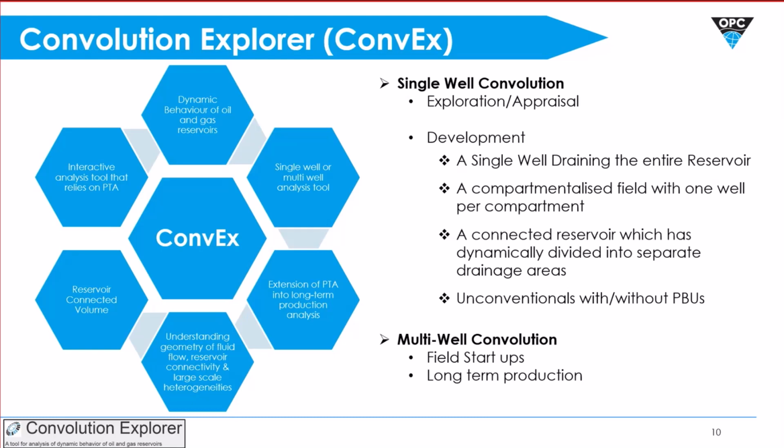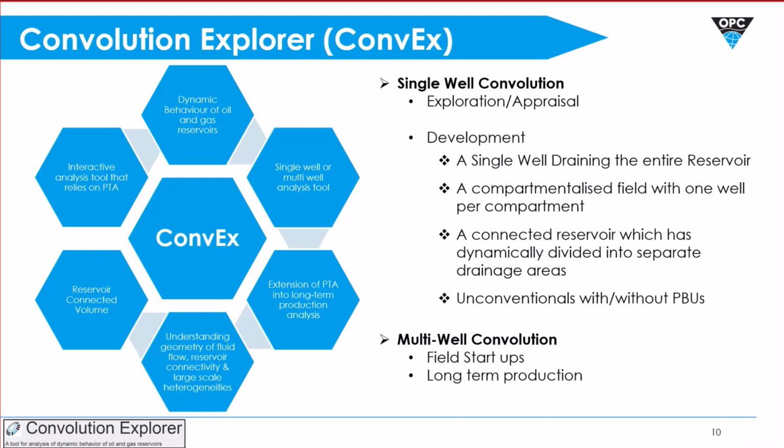And what we're trying to investigate is our understanding of geometry of fluid flow, reservoir connectivity, and large-scale heterogeneity. And ultimately, we may be able to find out the reservoir connected volume to the well. And having this information is really going to help us understand and optimize how our field development plan has been used efficiently or not.